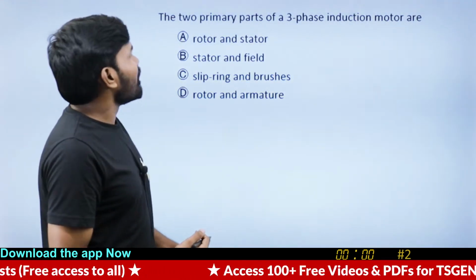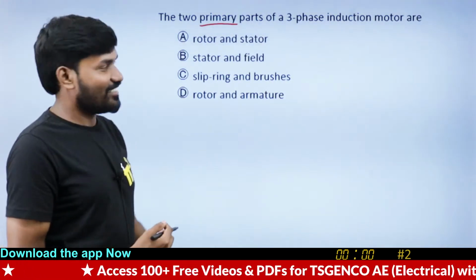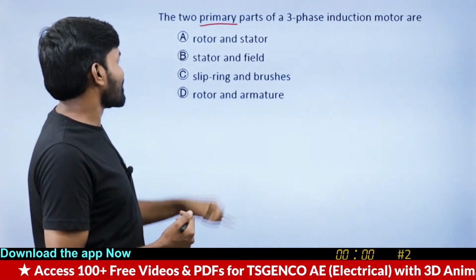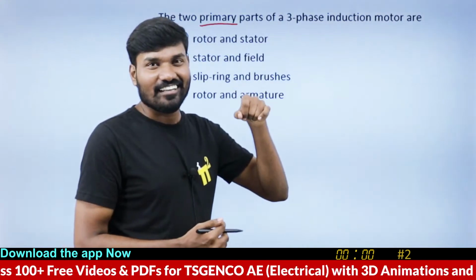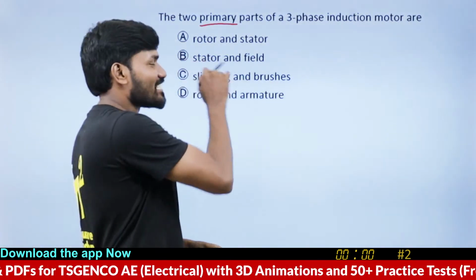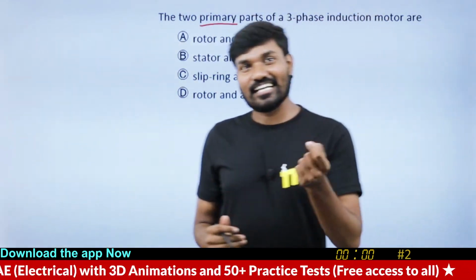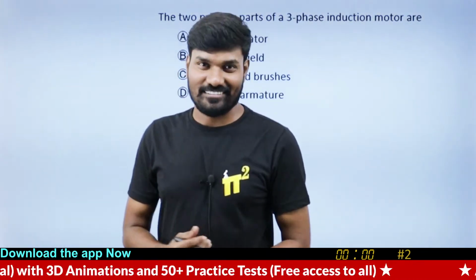The two primary parts. See, primary means, don't think that primary winding and secondary winding. Most of you answered correct, but some people are saying stator and field. What is field here? Tell me. Those who are saying field, the stator itself is a field winding. Careful with this point. The stator itself is a field winding.